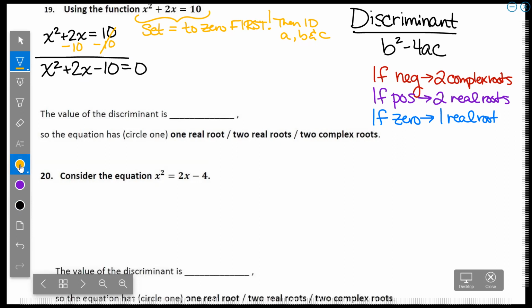What number, because remember, when I plug into the discriminant, we don't put any x's in, only numbers. What number would I use for A? 1. So here's A. What number would I use for B? 2. And what number would I use for C? Negative 10.